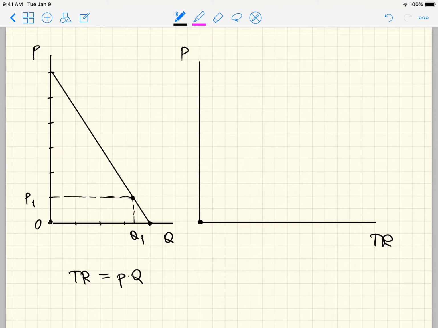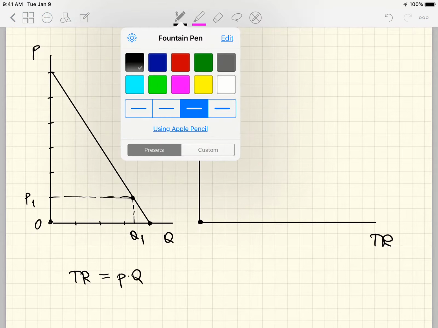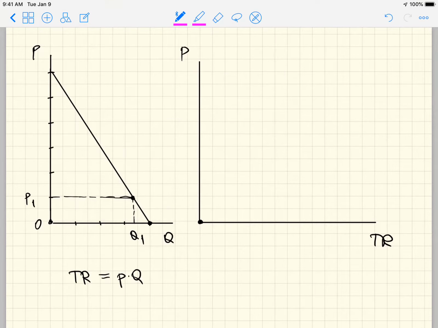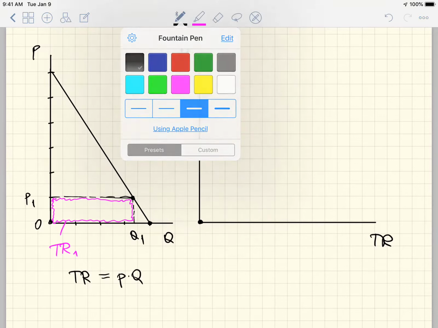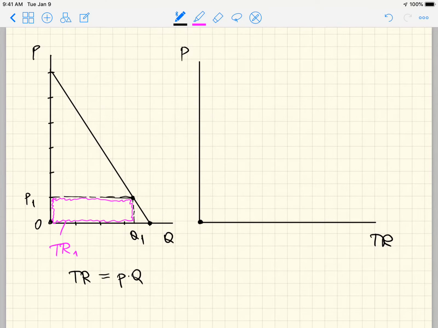You can see your total revenue on this diagram by looking at this rectangle, because P times Q is the same as the area of this rectangle. So it's total revenue 1. And we can plot whatever number we get for total revenue 1 on the diagram to the right. So this is our total revenue at price 1.